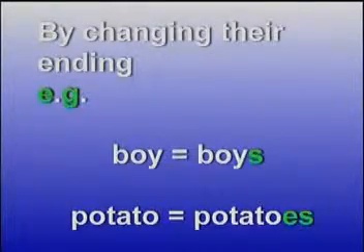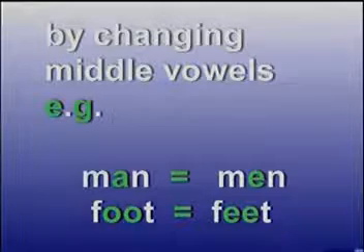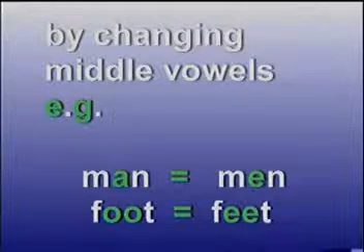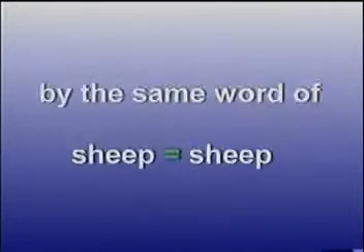And these three ways are by changing their endings, example, boy will become boys and potato will become potatoes; by changing middle vowels, example, man will become men and foot will become feet; and by the same word, sheep still becoming sheep.